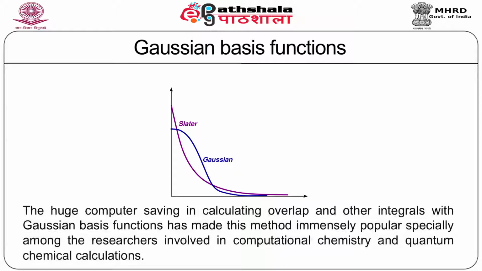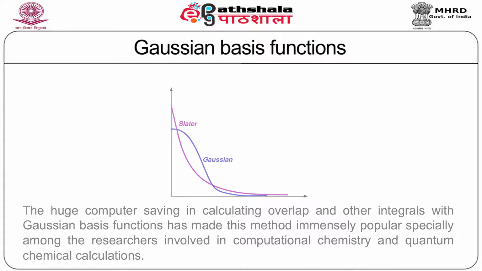The huge computer saving in calculating the overlap and other integrals with Gaussian type basis functions has made this method immensely popular, especially among the researchers involved in computational chemistry and computational quantum chemical calculation.